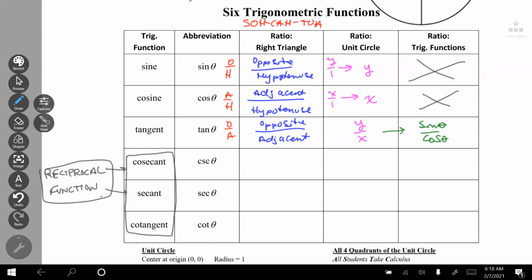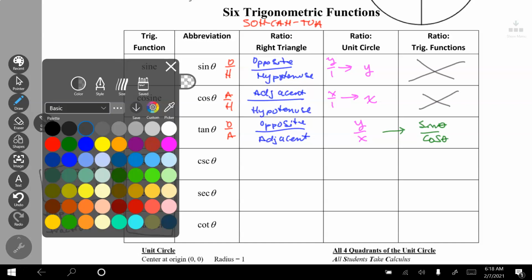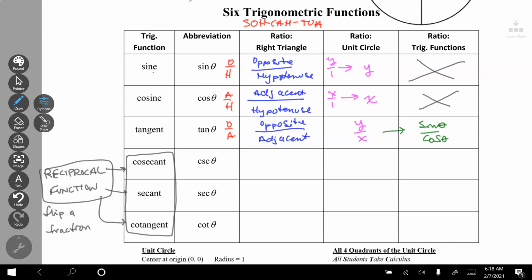These are the reciprocal functions because all you have to do is flip a fraction. So what do I mean by flipping a fraction, and which one goes with which? Well, sine goes with cosecant. They are reciprocals of each other. So cosecant, which is abbreviated CSC, is really 1 over sine of theta.